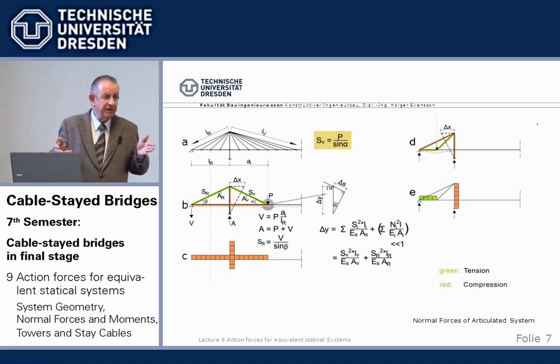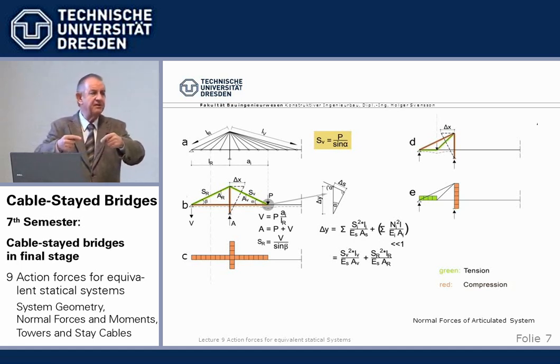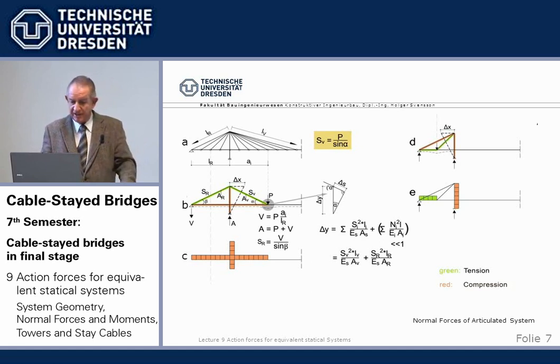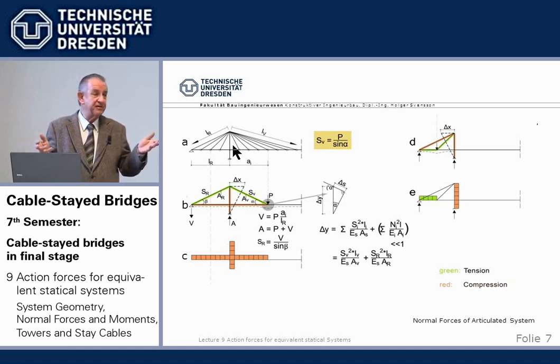Why can we do that and still be realistically close to the reality? We can do that because the bending stiffness, and of course we have a hinge here at the tower, the bending stiffness of the beam and the towers brings us about 5% maybe of the deflections of a beam under load. So with our approximation, we cancel that and just say we neglect the bending stiffness.